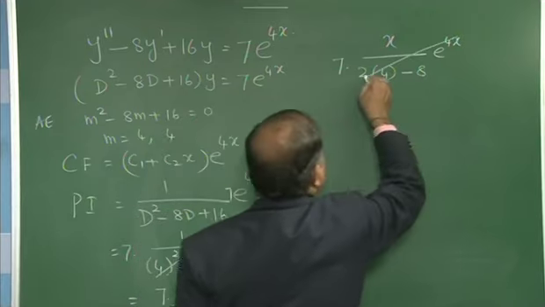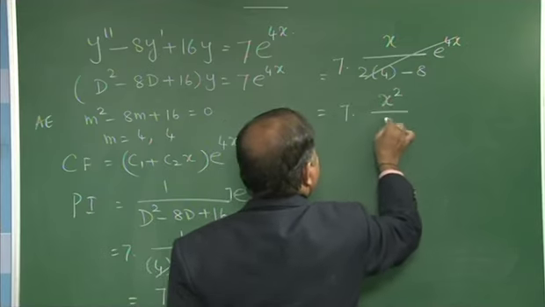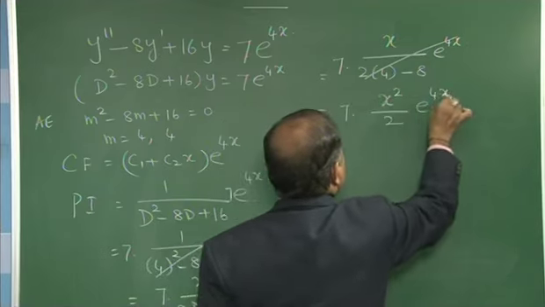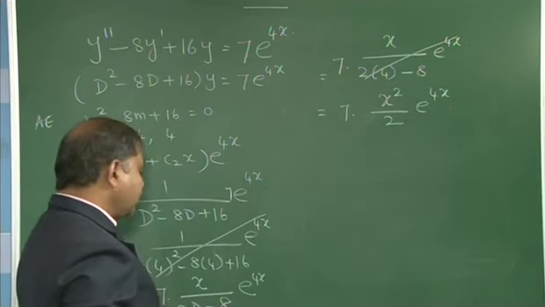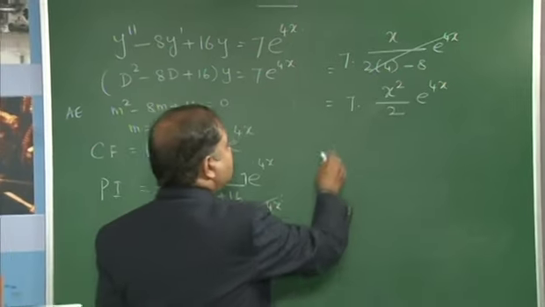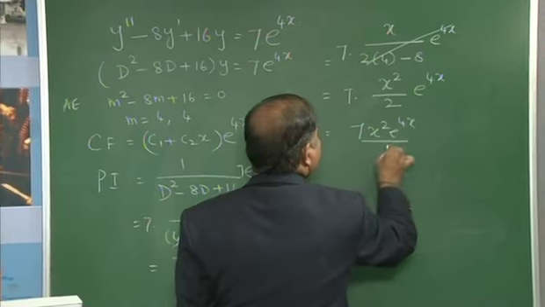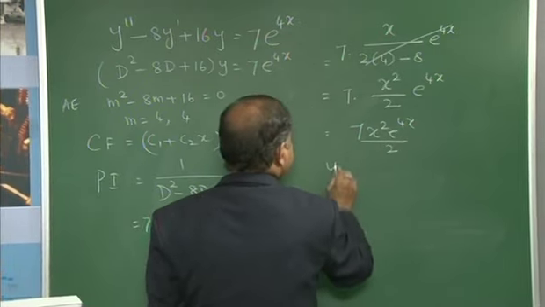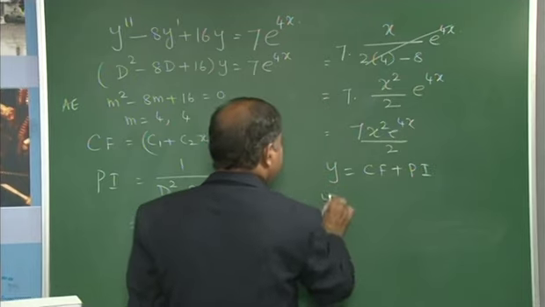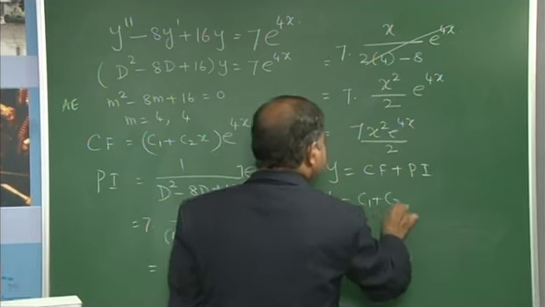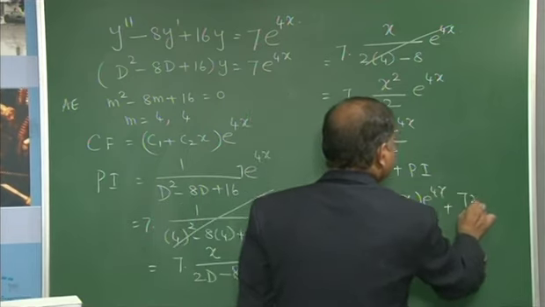Again it is getting cancelled, do not consider it. Multiply by x and differentiate the denominator. See here again, 2D differentiation is 2, and 8 differentiation is 0. So my answer is 7x square e power 4x by 2. So the solution is CF, (C1 plus C2x) e power 4x, plus PI.